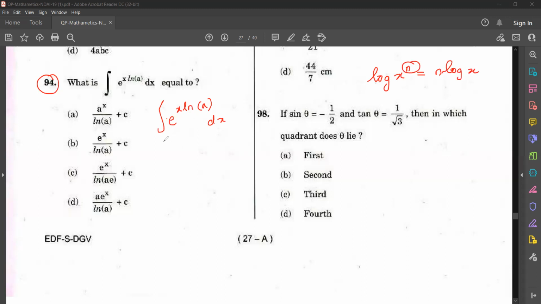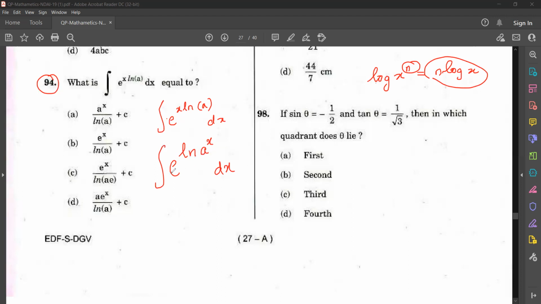So can I write this as e raised to ln a raised to x, isn't it? Because we know that n log x is log x raised to n, power coming in the front. So the letter coming in the front is x. So it can be written as ln a raised to x dx.